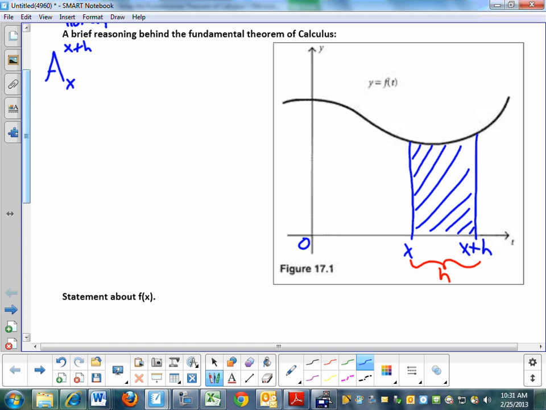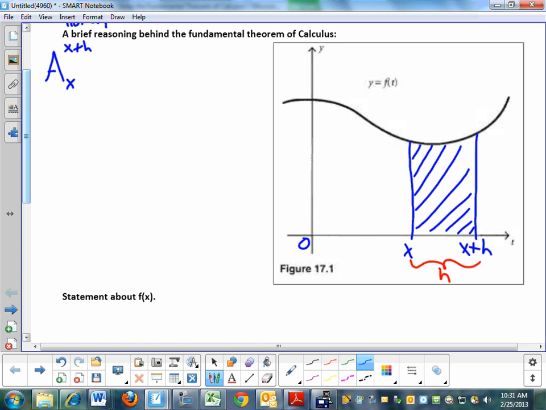That stuff I just marked up over there. Okay, can you just accept that this is notation for area right now? That we're going to use that. Everybody okay with that? Okay.